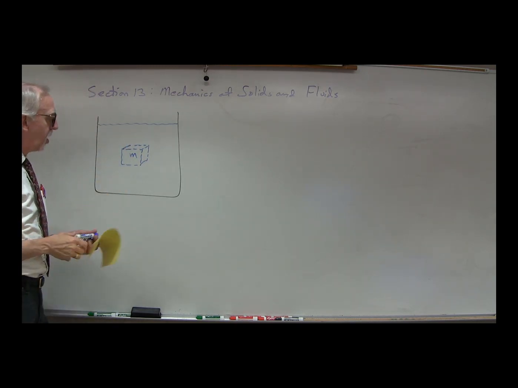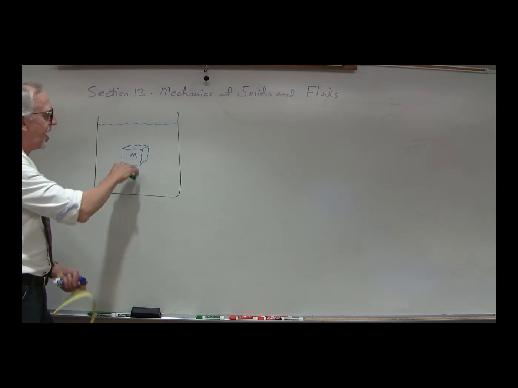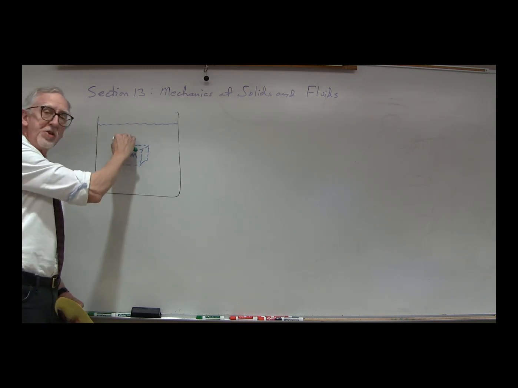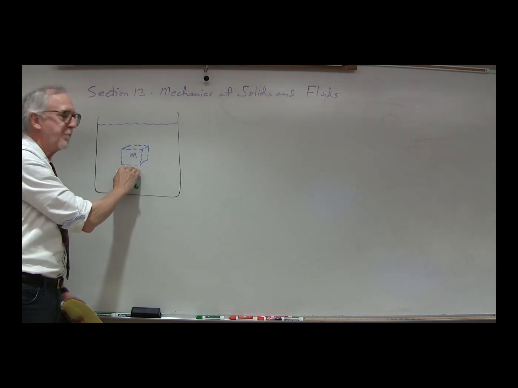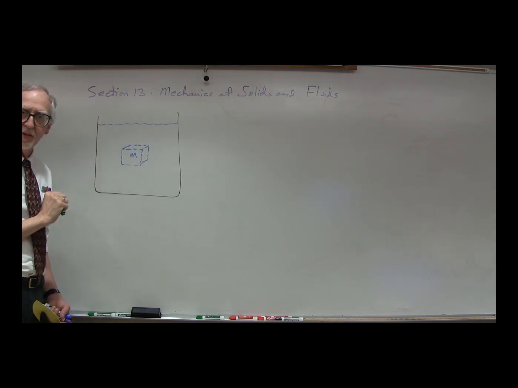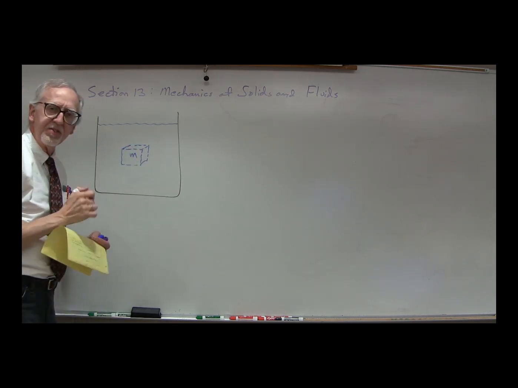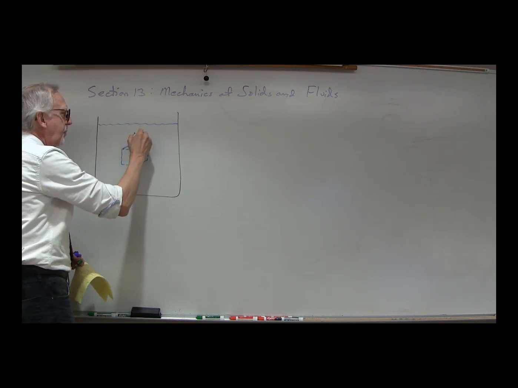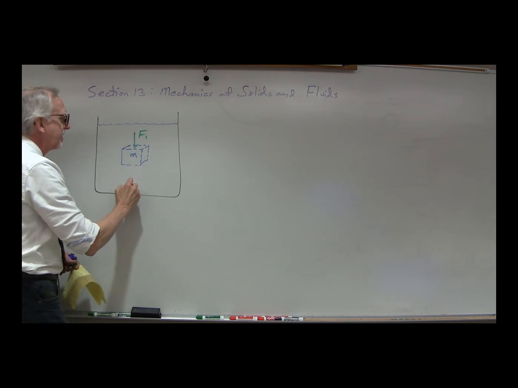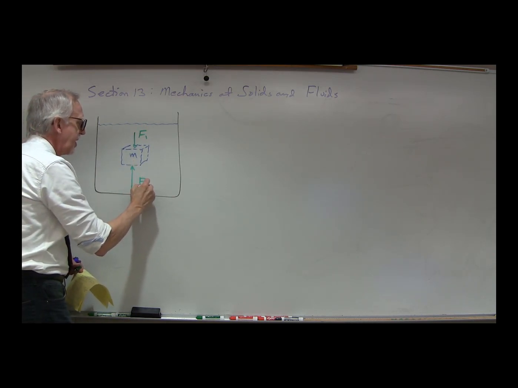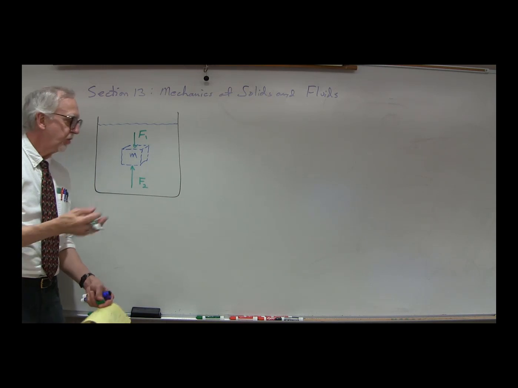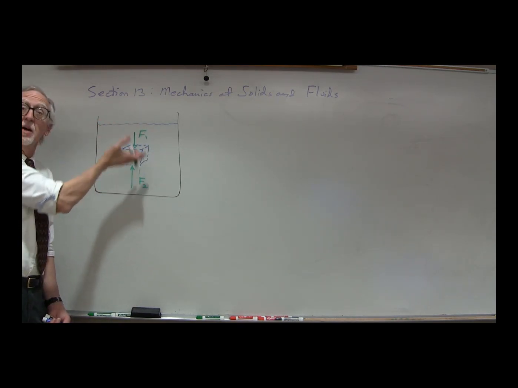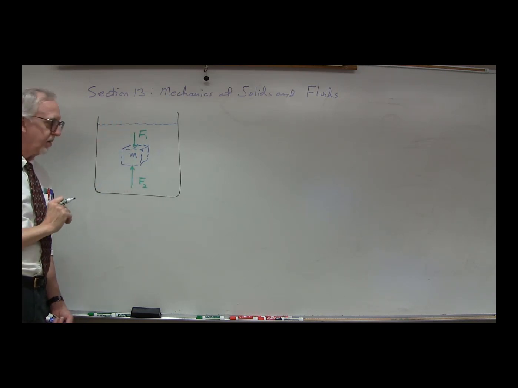Because the bottom is at a greater depth than the top, there are going to be different pressures on the top and the bottom: a higher pressure on the bottom, lower pressure on the top. Assuming that the areas are the same, the force acting on the top, which we'll call F1, is less than the force acting on the bottom, which we'll call F2.